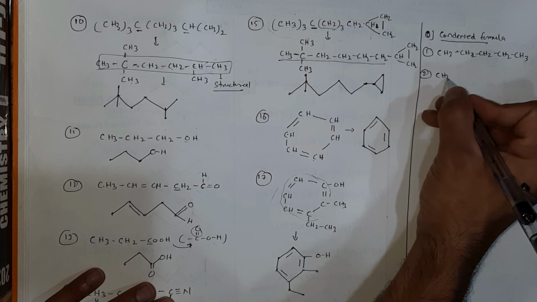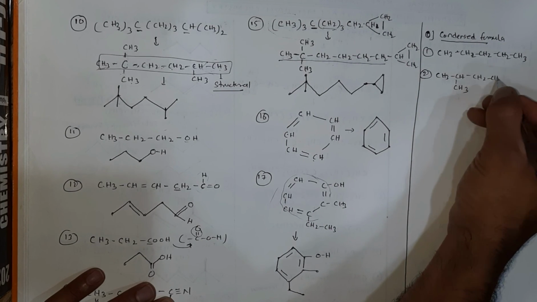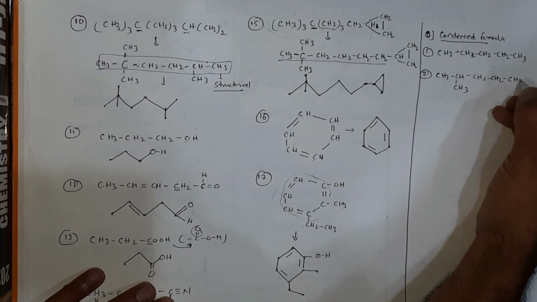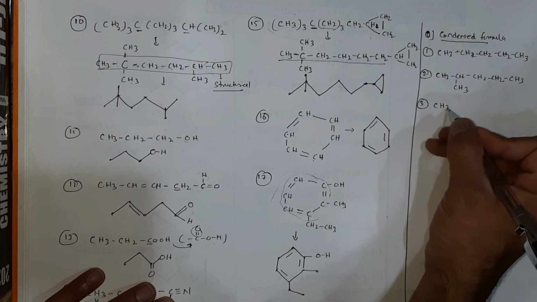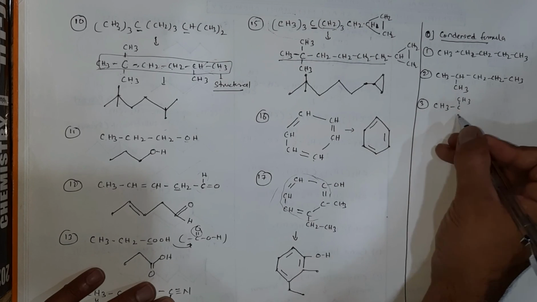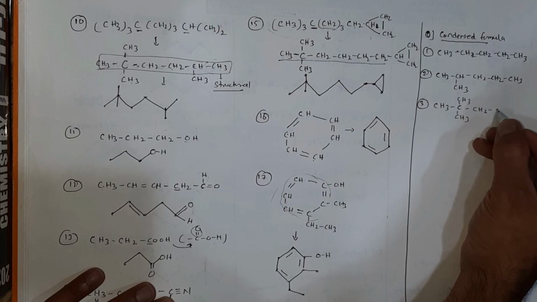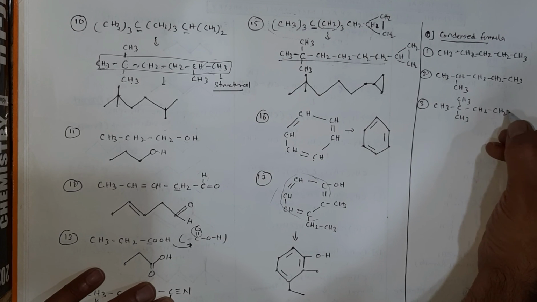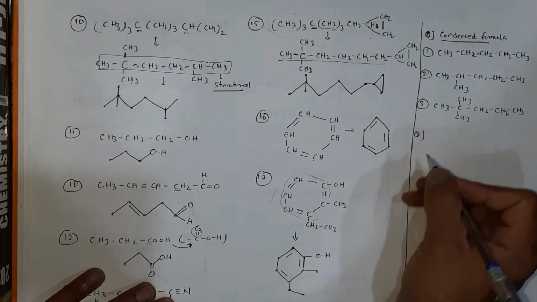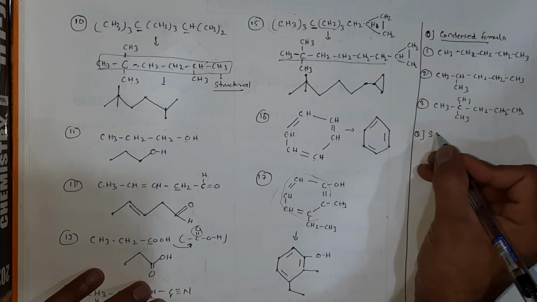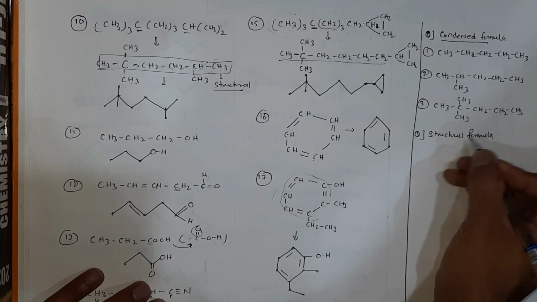Second CH3 CH, CH3, condensed formula. Okay. Third CH3C, CH3, CH3, CH2, CH2, CH3. Okay. Now you convert condensed formula into open structural formula.